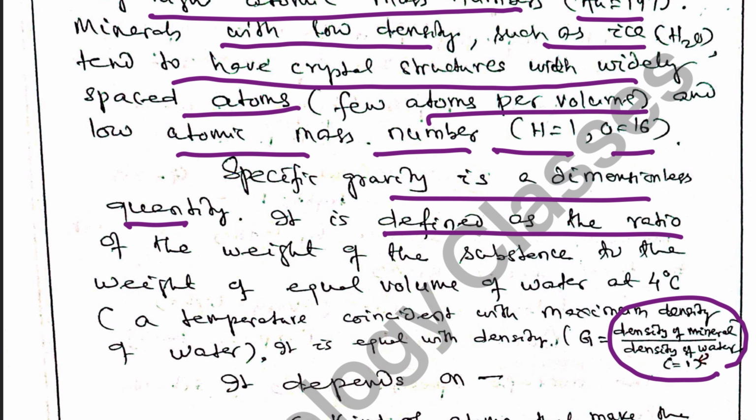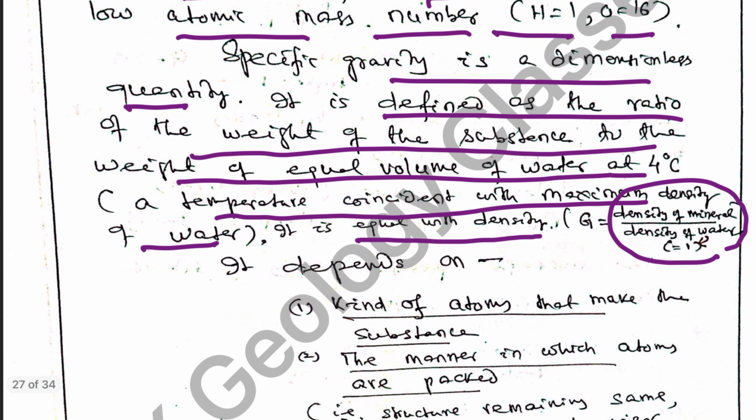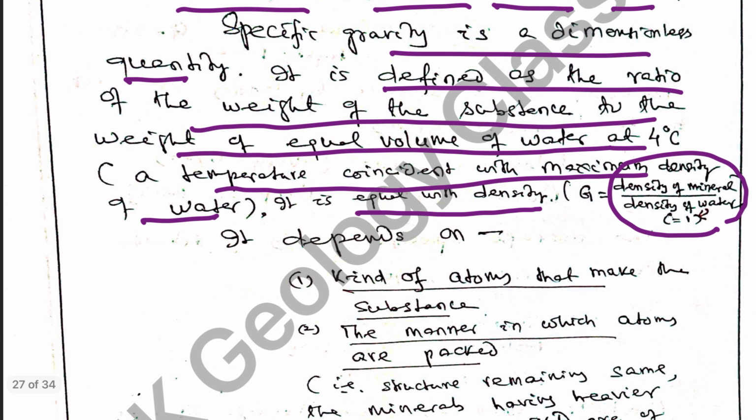It is defined as the ratio of the weight of the substance to the weight of an equal volume of water at 4 degrees centigrade, which is the temperature coincident with the maximum density of water. Thus, specific gravity of a mineral is described as density of the mineral by density of water, which is equal to 1.